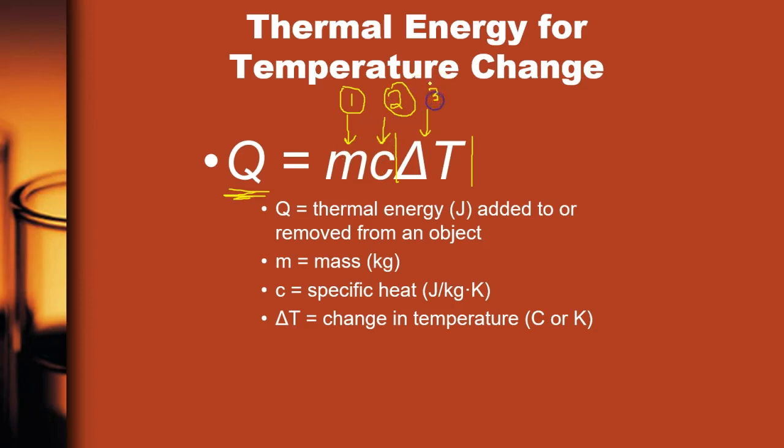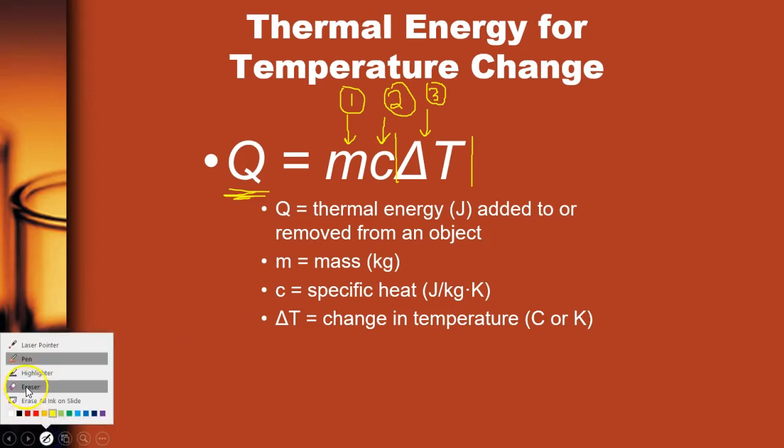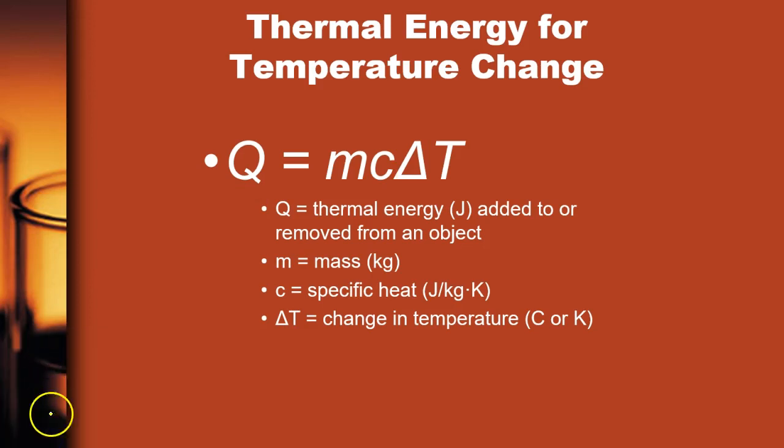It depends on the specific temperature change we're trying to achieve. Obviously, going from 10 degrees to 20 degrees Celsius takes less heat than going from 10 to 50. It's a greater temperature change, which requires more heat. So those three things are what determine the amount of heat energy required to change the temperature.